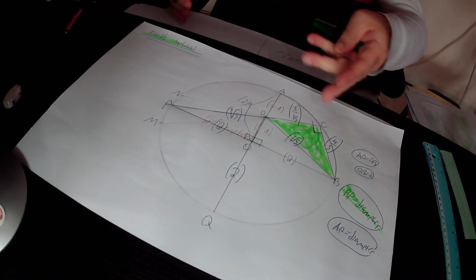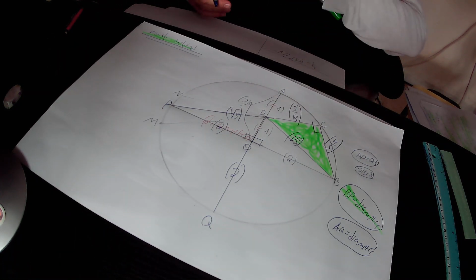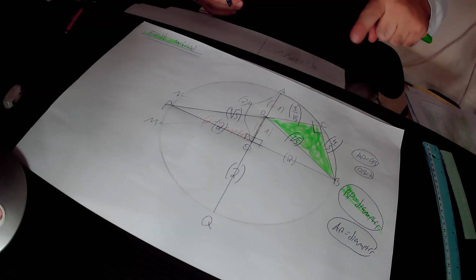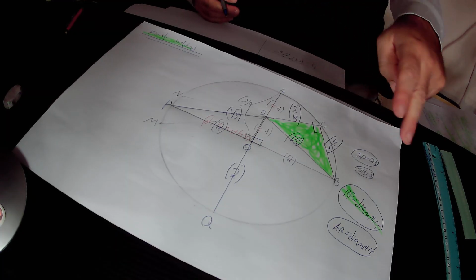Now it is very easy to find the area of this green shape. The green shape is actually the right triangle DCB.